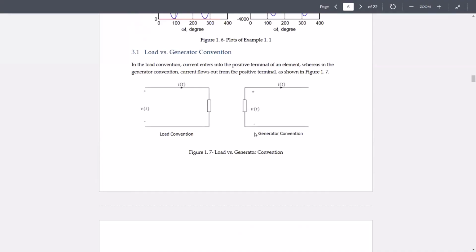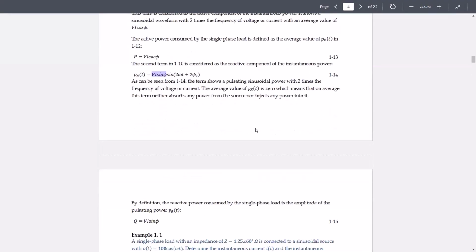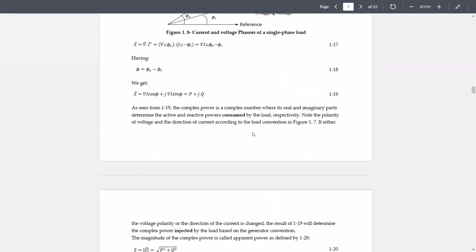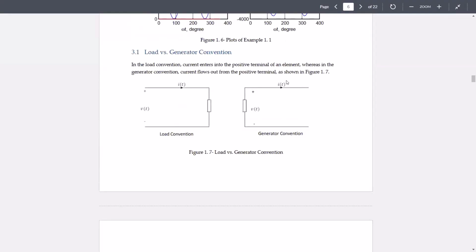So when you define the instantaneous power for an element that is represented by generator convention, then what you get is the instantaneous power generated by that element, whatever you come up with. Same calculation if you do for this element, which is based on the generator convention.